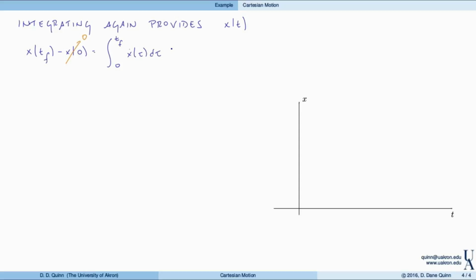But since x dot was defined piecewise, we also have to take this integral piecewise. So this becomes the integral from 0 to t1 of the velocity during that time interval, which was a1 tau d tau. Again, tau here is just a dummy variable.